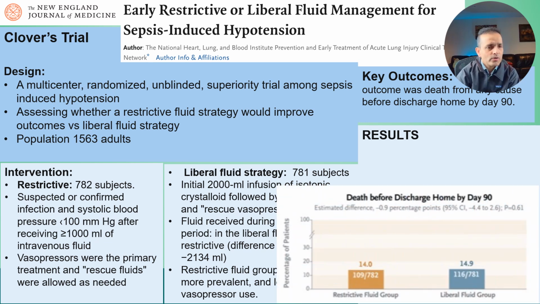And what they found was no statistically significant difference in 90-day mortality between restrictive and liberal fluid strategies. The secondary endpoints, like ventilator-free days, ICU and hospital length of stay, and organ support days, also showed no meaningful advantage for either strategy.